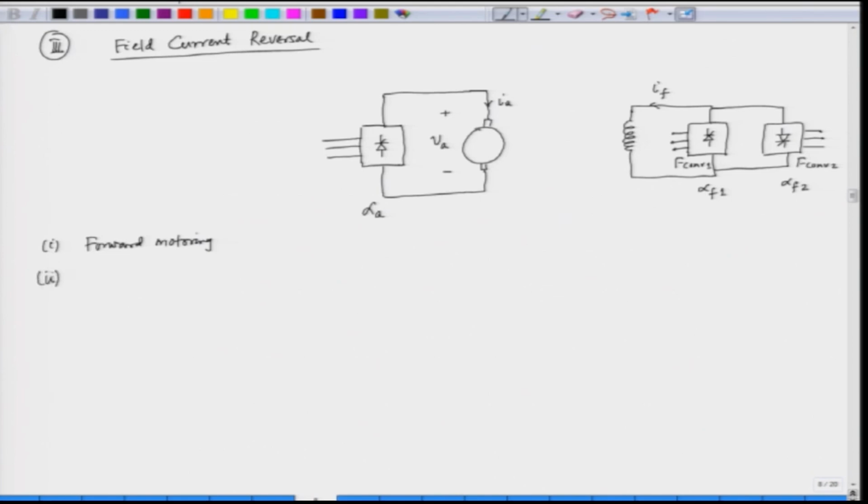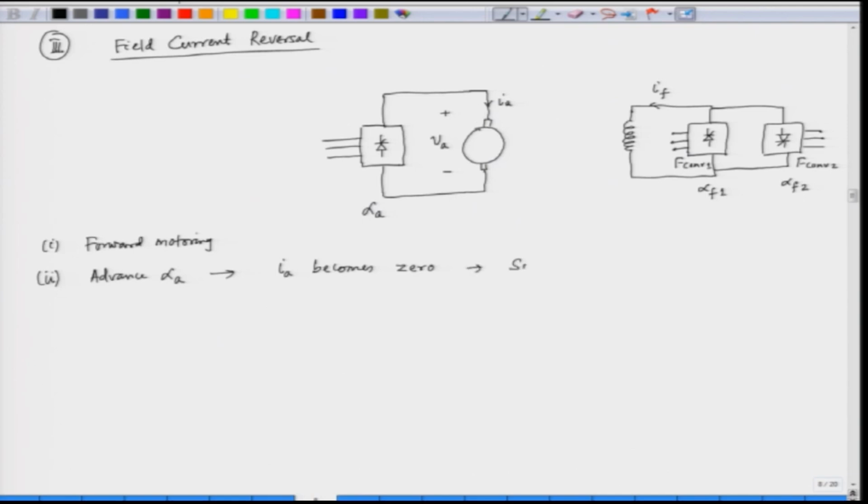If you want to reverse the field, advance alpha A. So, when we advance alpha A, what happens? VA becomes negative. So, IA comes down to 0. When the armature current becomes 0, there is no armature current here. So, we give a dead time.